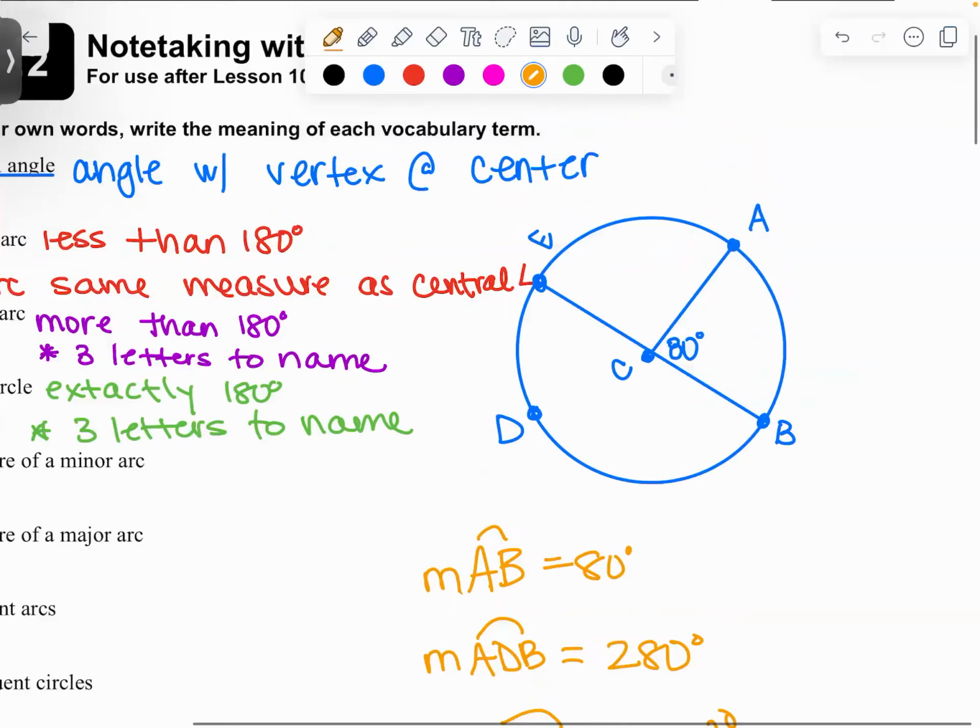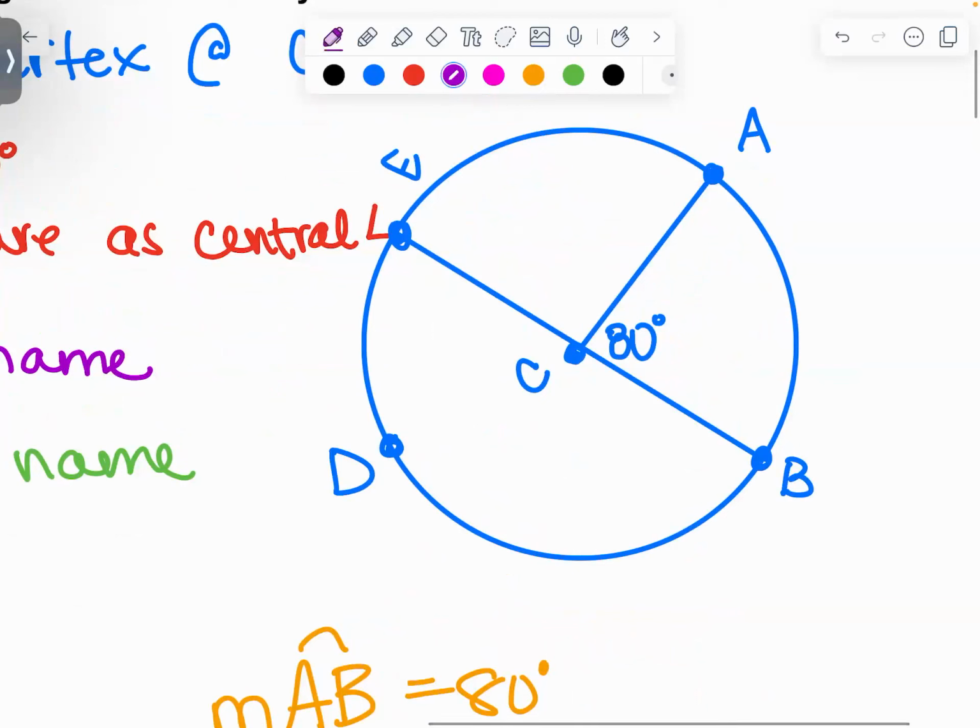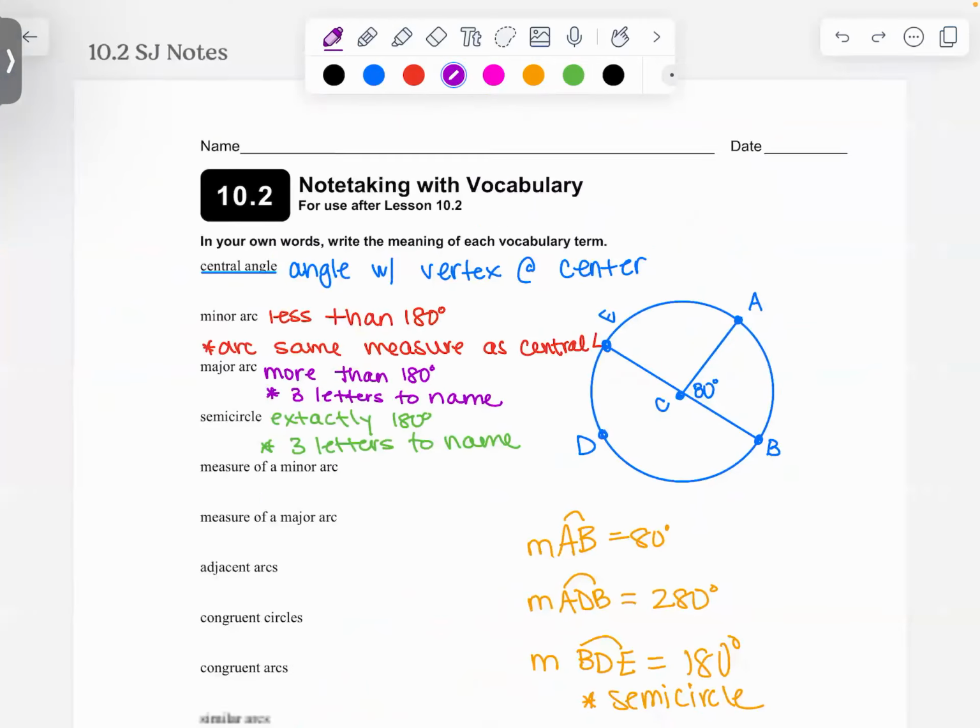So Nora's saying ECA plus ACB. What do we have? We have the angle ECB, right? So we can take two angles and add them together to get one big angle. We can do the same thing with arcs.